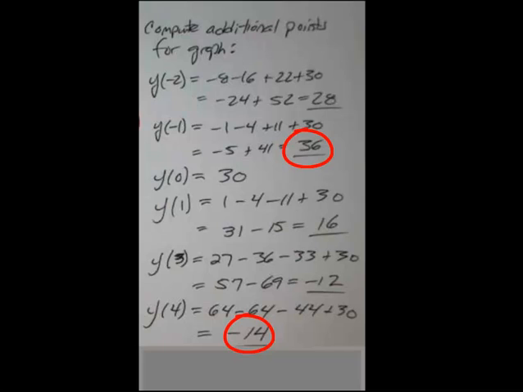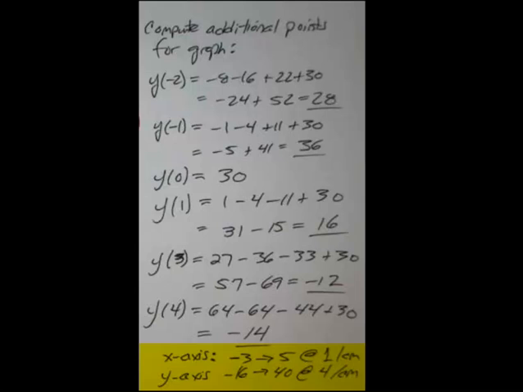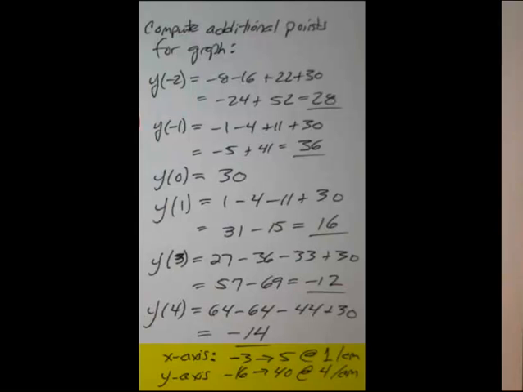Okay, so we'll choose a y-axis to go from, say, negative 16 to 40 at 4 units per centimeter, and we'll have the x-axis go from negative 3 to 5, and we're ready to start graphing.